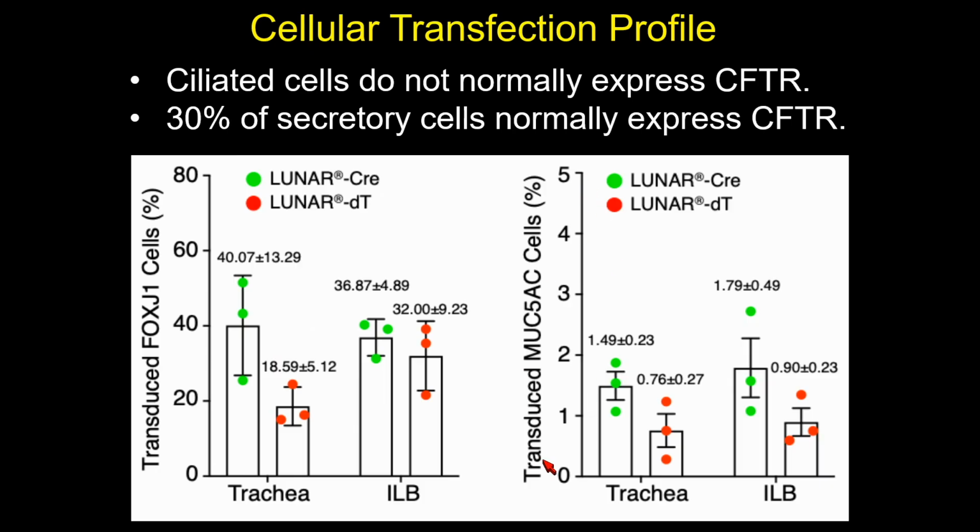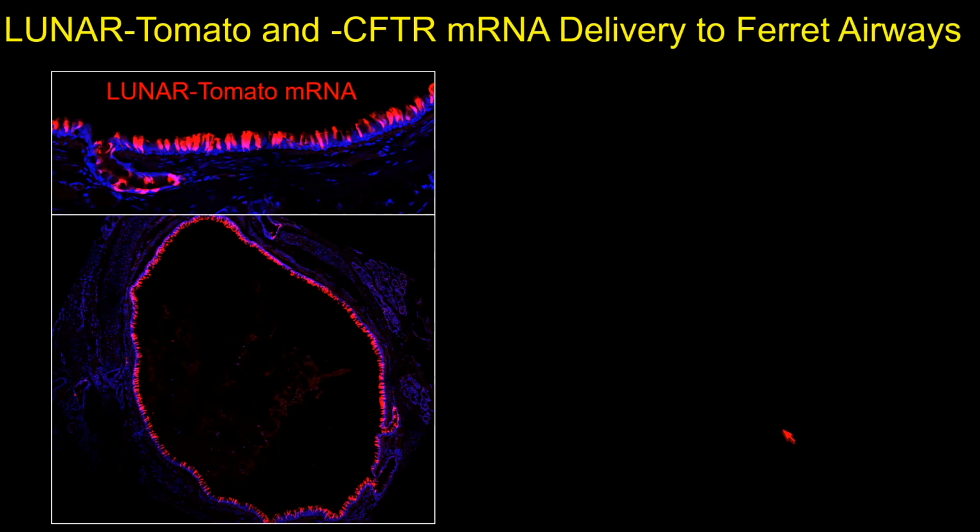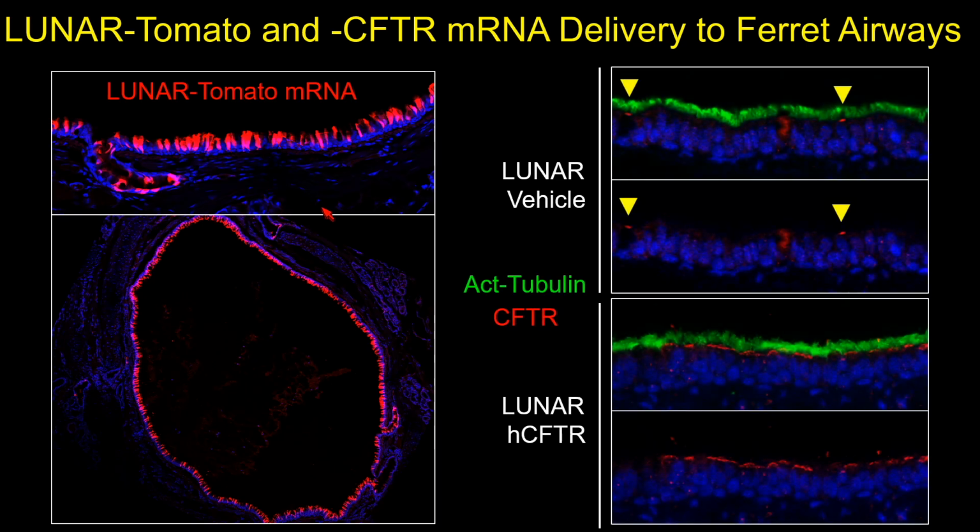And the axis here, I'll say, is different. So this is about 1.5% on average for secretory cell transfection. If one looks at this as tomato mRNA expression, it's just another way to look at the level of transduction at these levels. I'm not going to show you the cell marker staining, but mostly also ciliated cell.